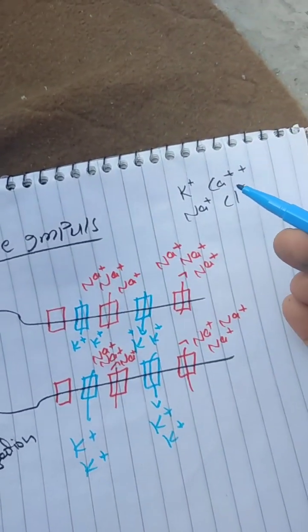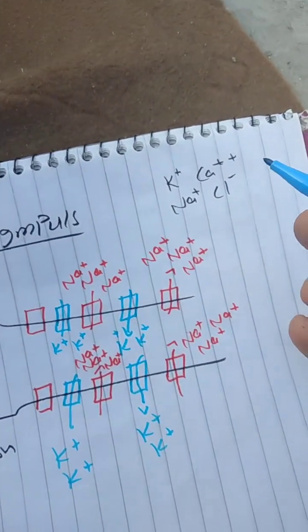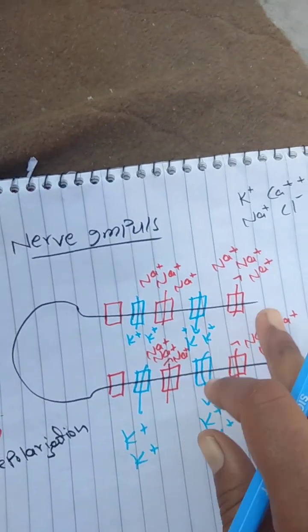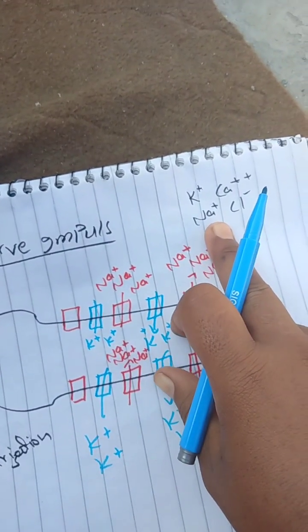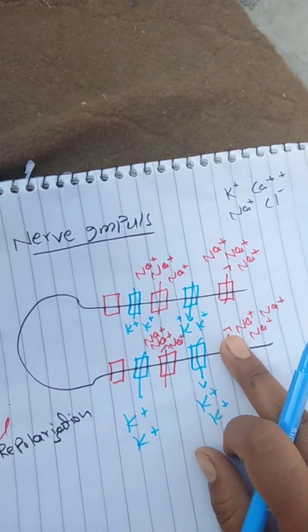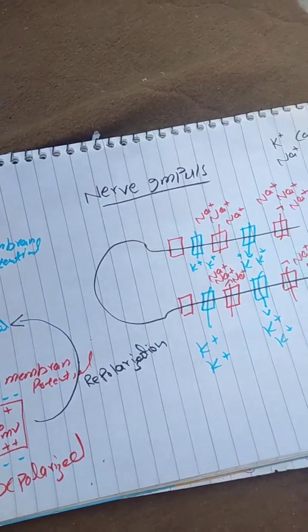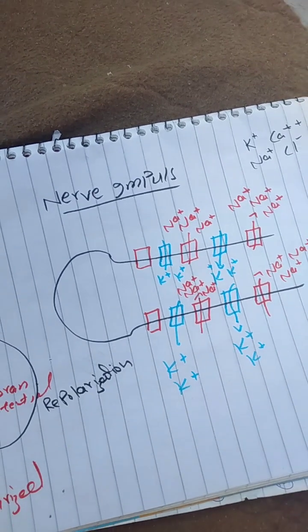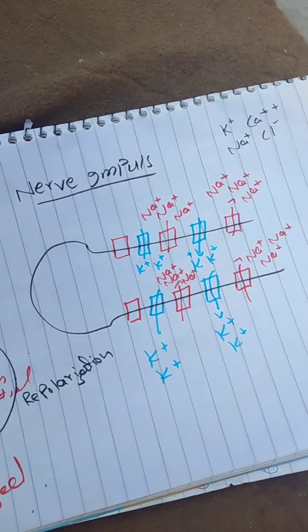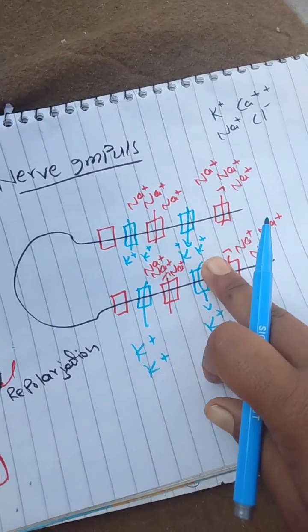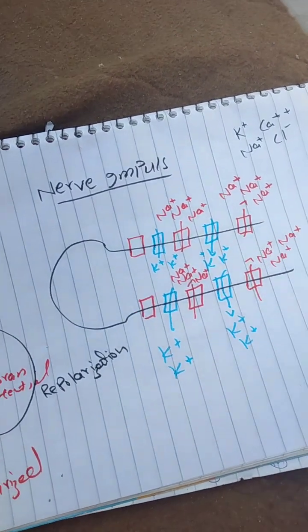Students, in our body there are many types of charged ions, but in nerve cells potassium and sodium are permeable for generating the nerve impulse. A nerve impulse is generated due to the concentration difference of the charged ions inside the nerve cells and outside of the nerve cells.